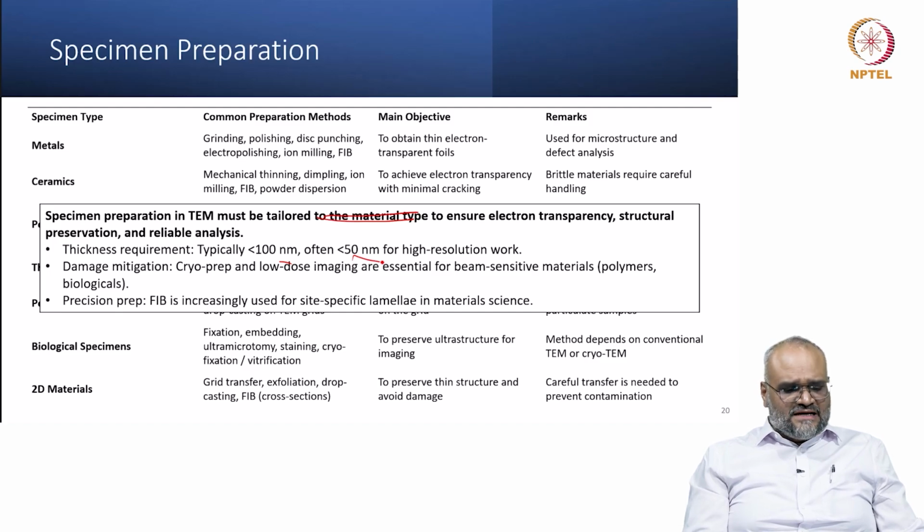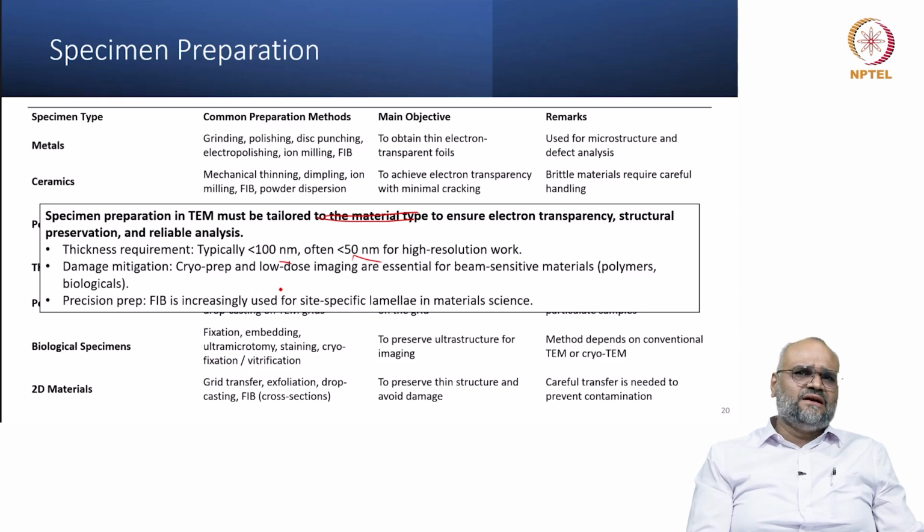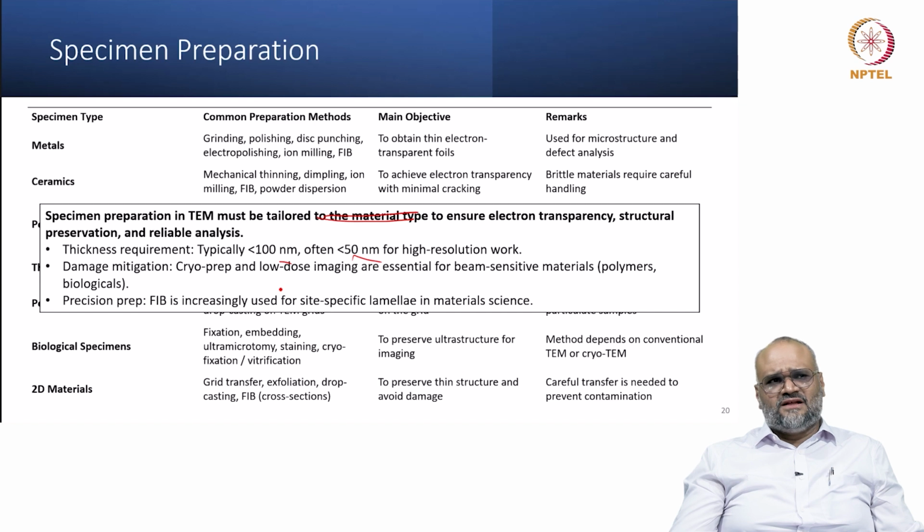For damage mitigation, you also have low dose imaging, cryo preparation, and also dose tests that you need to do for beam sensitive materials. For precision preparation, FIB is increasingly used. There is also cryo FIB now, where you are using cryo FIB to prepare beam sensitive biological samples also. So that is a snapshot of the specimen preparation methodologies that we saw.